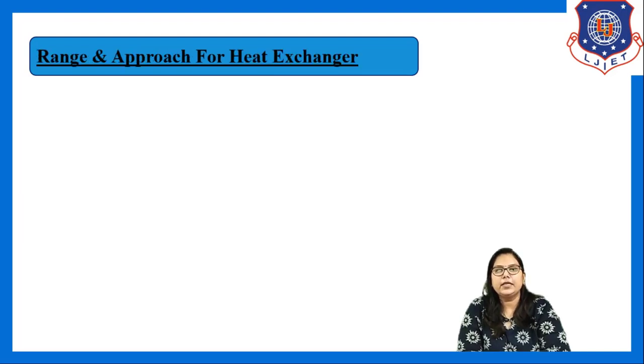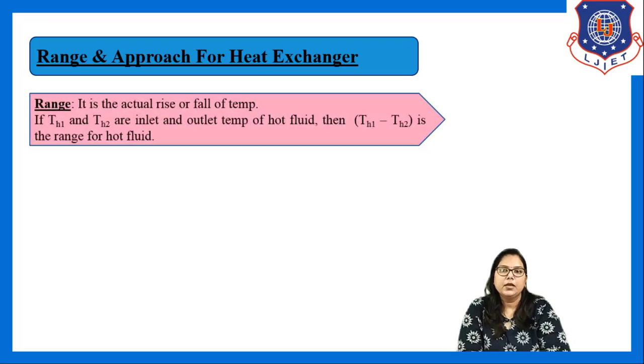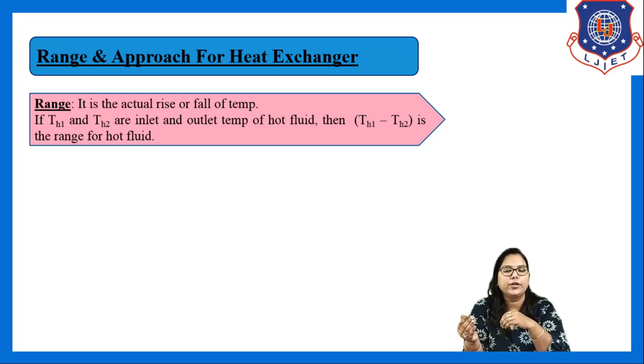Let's see another topic, which is range and approach for heat exchanger. Range is the actual rise or fall of temperature. For example, if TH1 and TH2 are the inlet and outlet temperature of the hot fluid, then what is the range for the hot fluid?